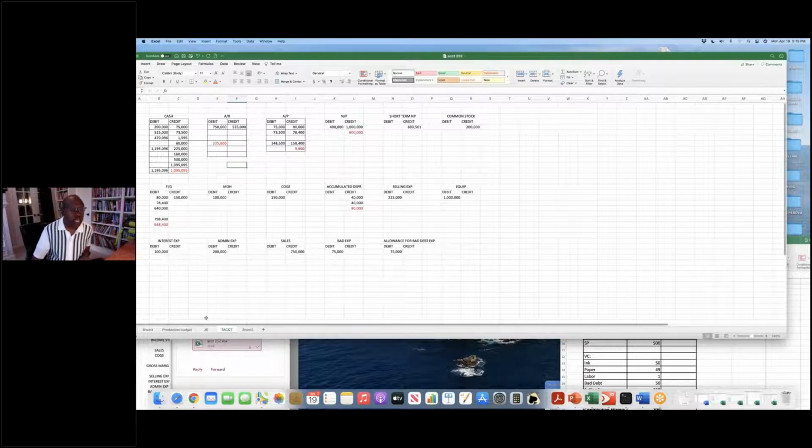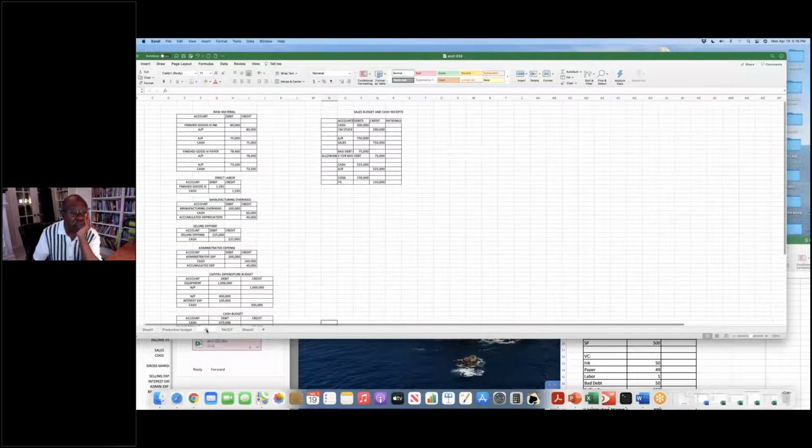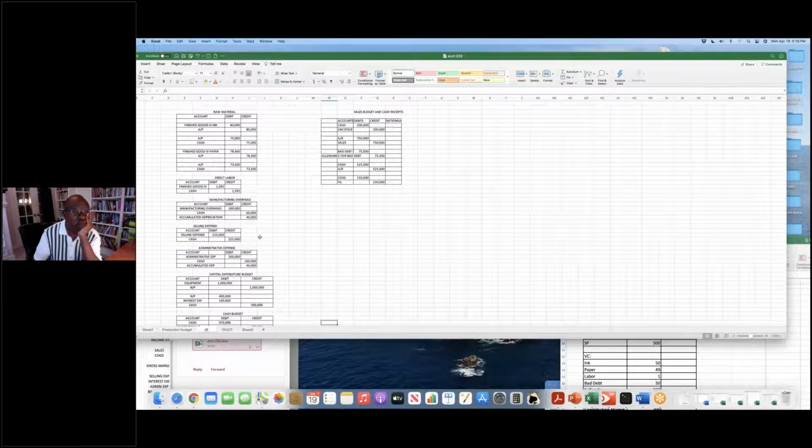Okay, so I think that for the inventory, for the overhead that's in this inventory, let's see where. Well, it's not the overhead, it's the labor. Let's see where we can get this labor correct.